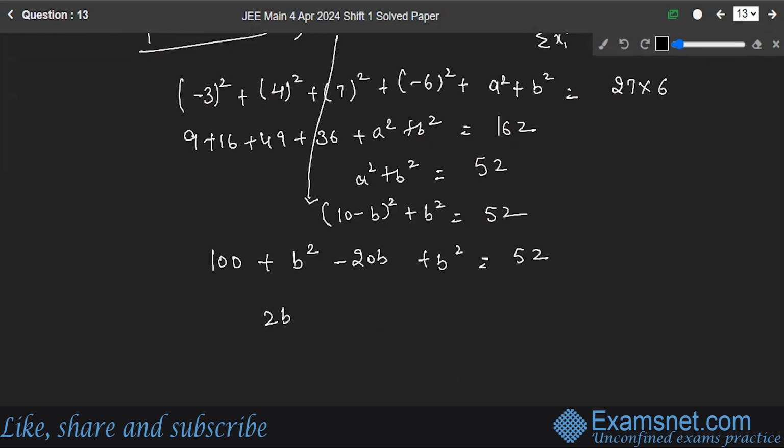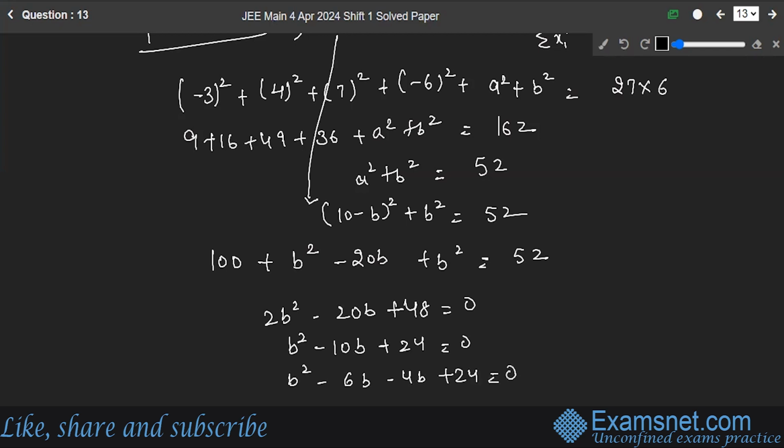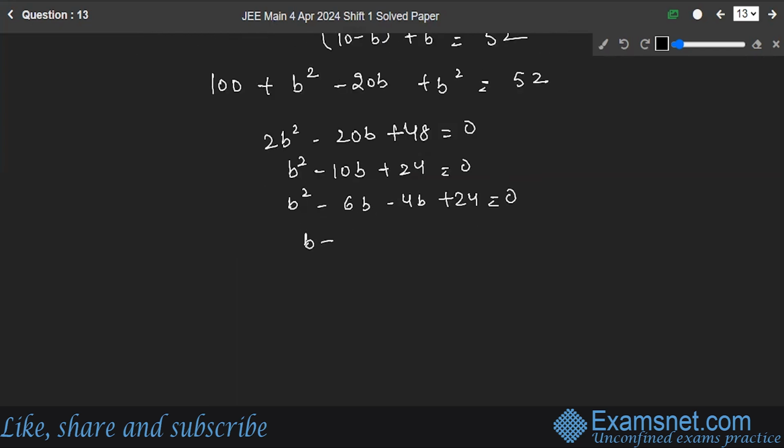Or you have 2b square minus 20b plus 48 is equal to 0. B squared minus 10b plus 24 is equal to 0. B squared minus 6b minus 4b plus 24 is equal to 0. Or you will have these two values for b. B may be equal to 4 or 6.